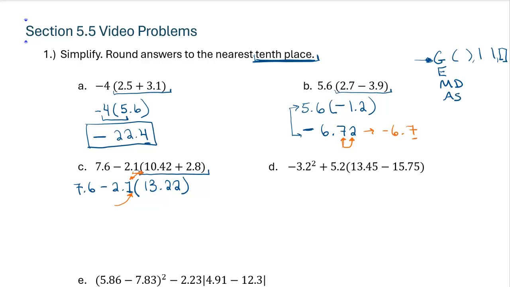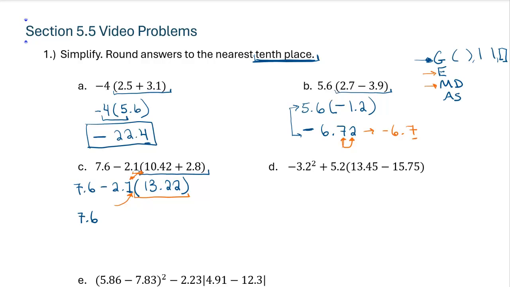Right now, the parentheses are indicating multiplication. Now, I don't have exponents, but as I just pointed out there, I do have multiplication. That is the next thing that I will do. So I'm going to rewrite the part that I'm not using, that's waiting because I haven't gotten to that part of order of operations yet.